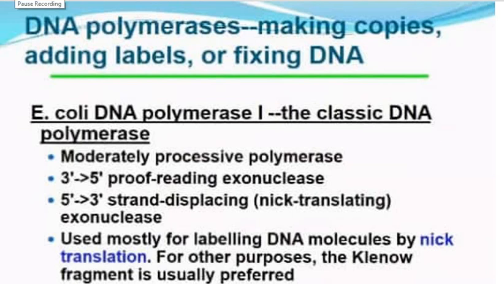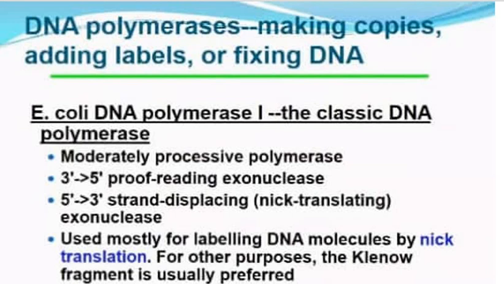Hey everyone, in this video I'm going to discuss another DNA manipulative enzyme, DNA polymerases. As we know, DNA polymerase may copy, add labels and fix the DNA. Here is E. coli DNA polymerase 1, the classic DNA polymerase.